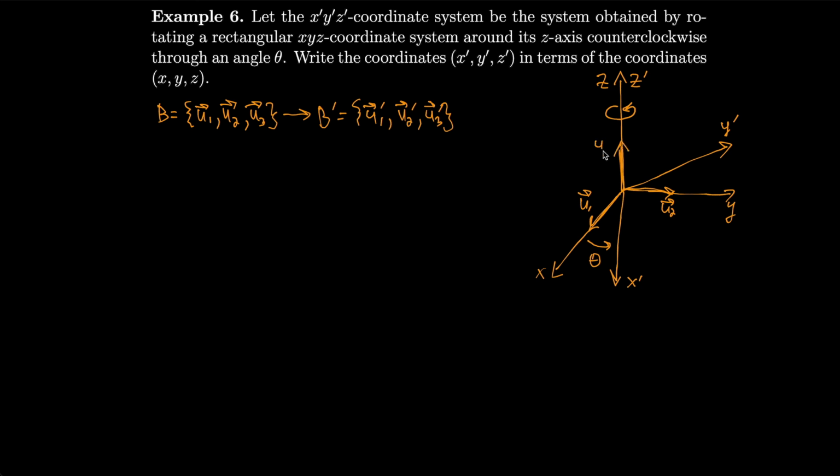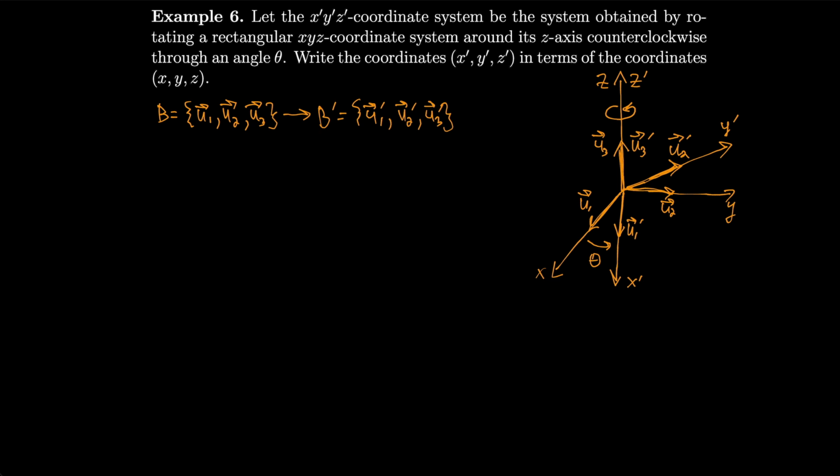Notice u3 will be equal to u3' because z is equal to z'. So we just need u1' and u2' on the y'. Okay, that's a good picture, or good enough at least.